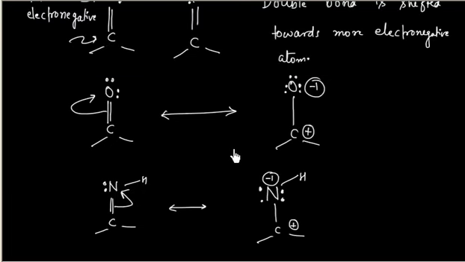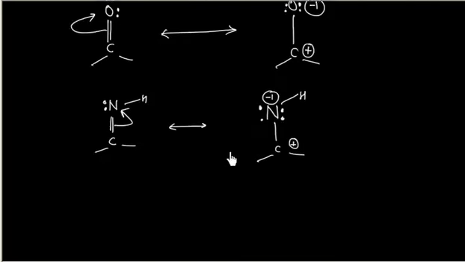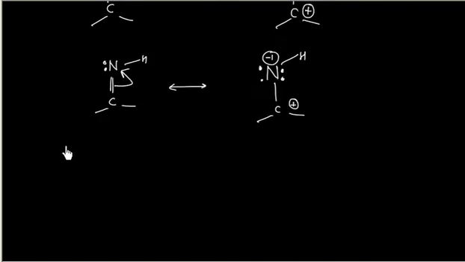Carbon will have a +1 formal charge and nitrogen will have a -1 formal charge. So in these cases we have to flow an arrow that will convert a bond pair into a lone pair.